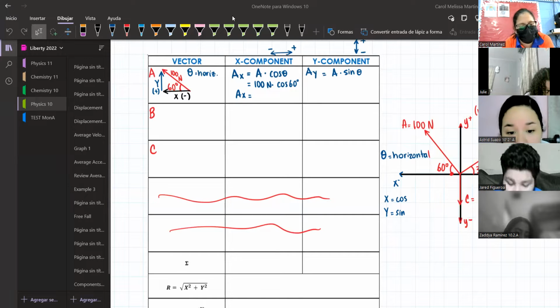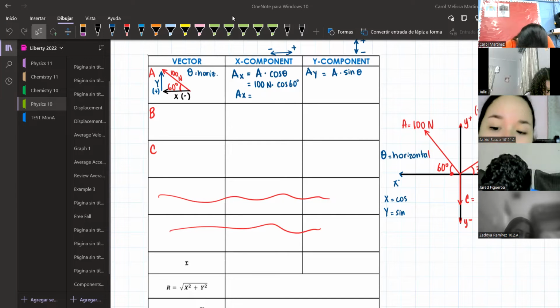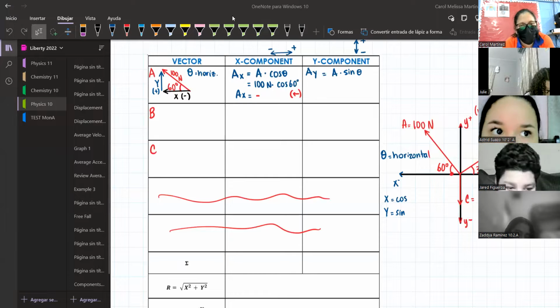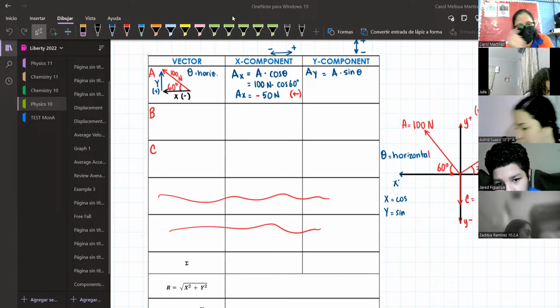You can write it in the chat. 50. Minus 50 Newton because it's going left.